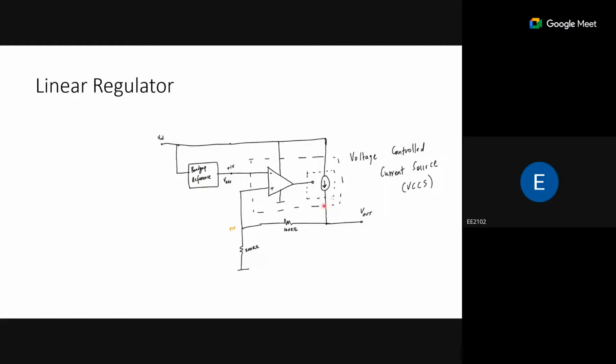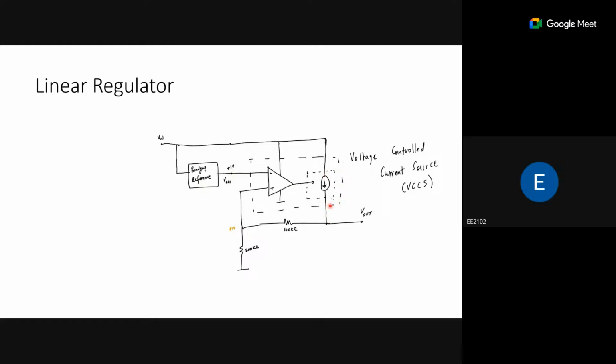This output is connected to a transistor, which is a voltage controlled current source. It is controlled by voltage only, but it produces the current. That's why it is a voltage controlled current source.